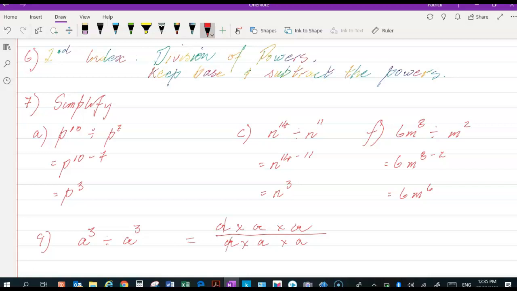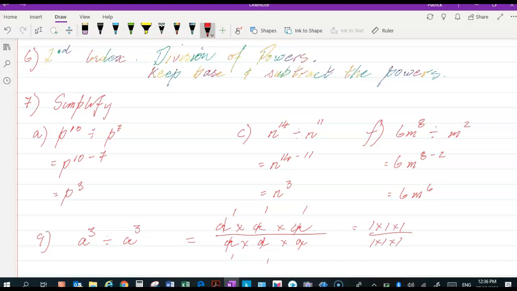Now when you cancel them all out, 1, 1, 1, 1, you're left with 1 times 1 times 1 over 1 times 1 times 1.